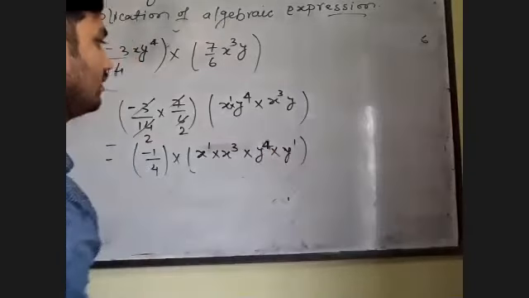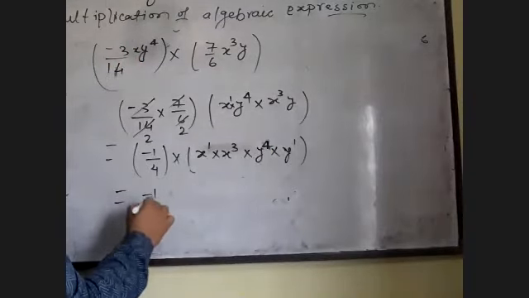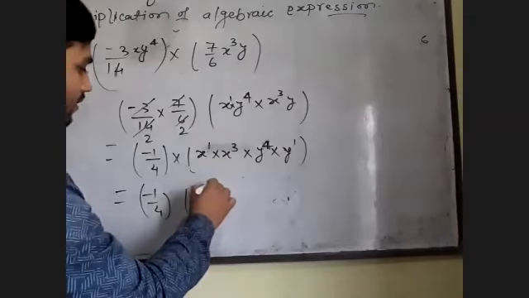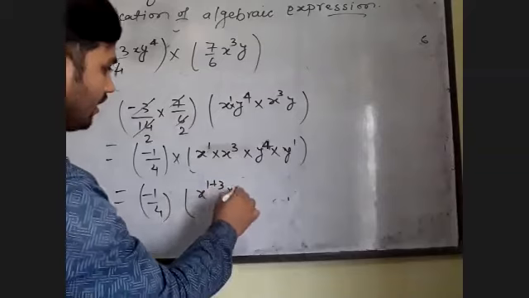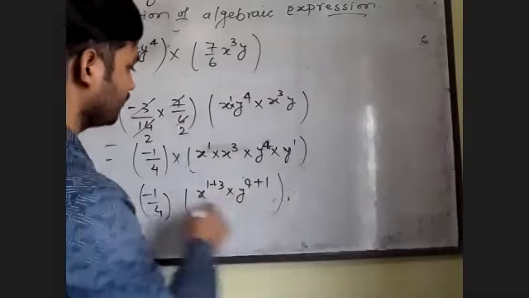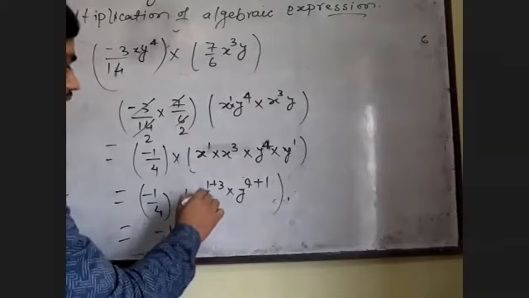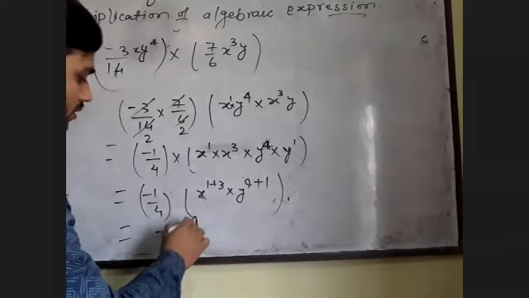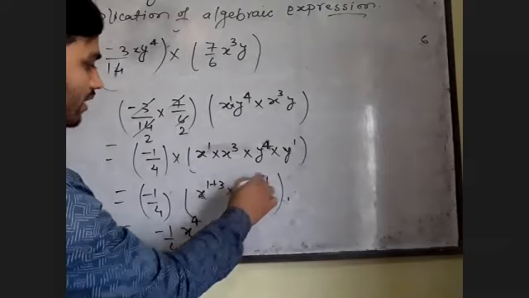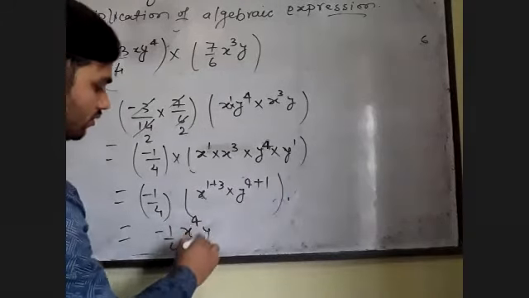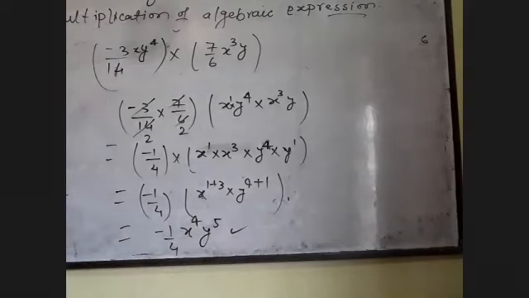It is minus 1 by 4 x to the power 1 plus 3, that is 4, and y to the power 4 plus 1, that is 5. That is the required answer. Understood? Yes, sir.